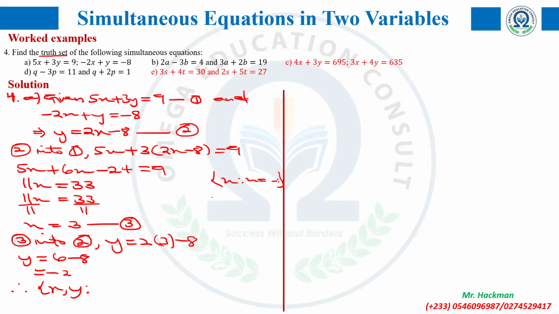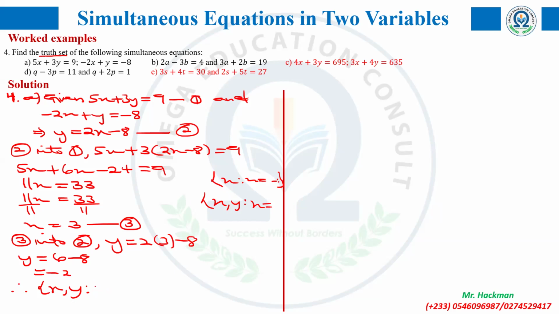Okay, if it is x and y, two variables, it will be x comma y is such that, then you come and write the x, state its value, comma y, state its value. Or you can come and write x and y is such that, and 'and' is the same as the comma. Remember, I've told you in maths, we can use comma and 'and', okay, interchangeably to mean the same thing.